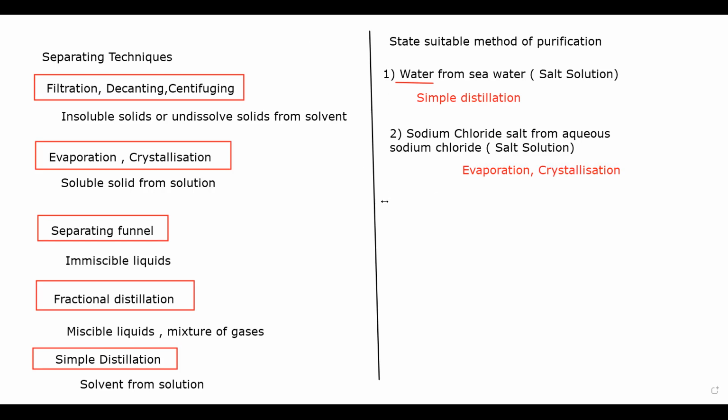If you want to separate silver chloride precipitate from the mixture, the term precipitate means insoluble solid. Which technique do we use if we want to separate the silver chloride precipitate from the mixture?